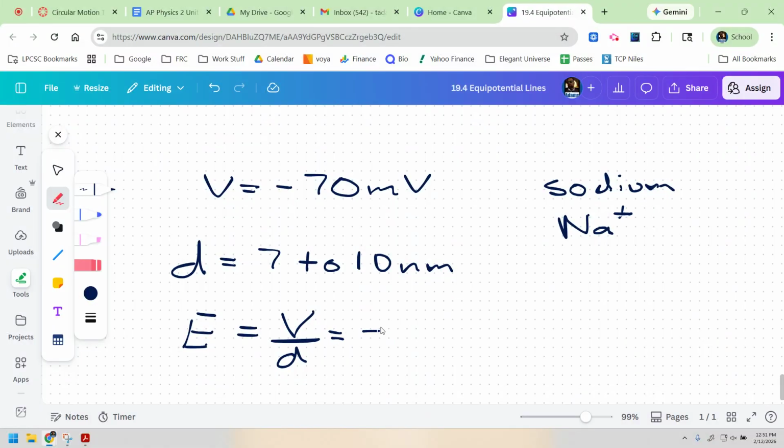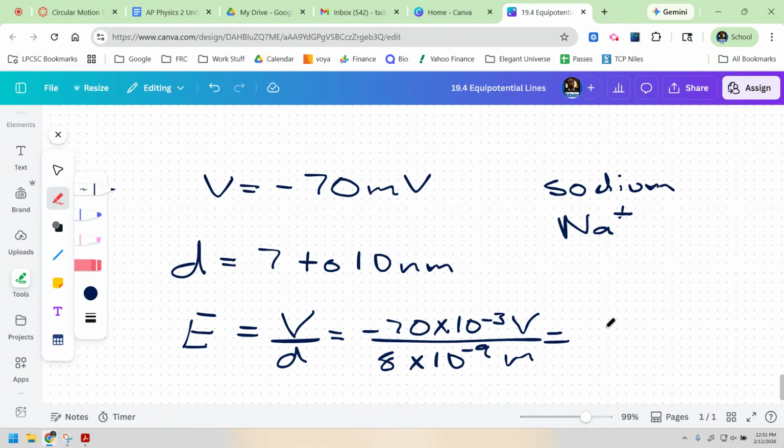So that would be negative 70 times 10 to the negative 3 volts divided by, we'll just go in the middle and say, 8 times 10 to the negative 9 meters. And so then we have an electric field of about negative 9 times 10 to the 6th volts per meter.